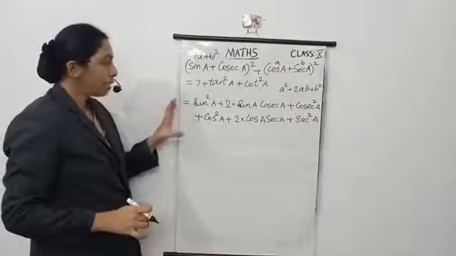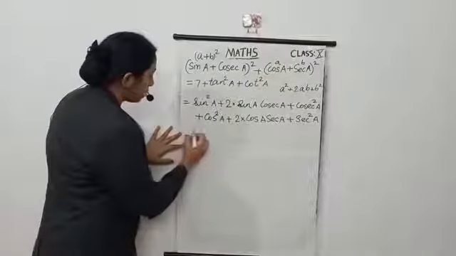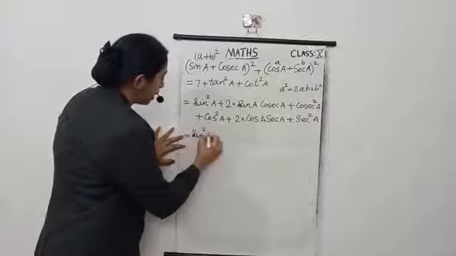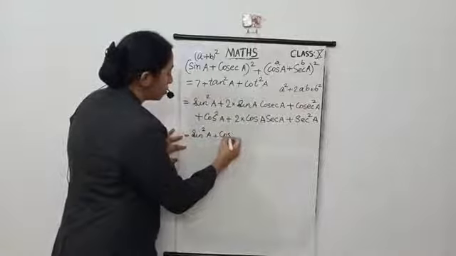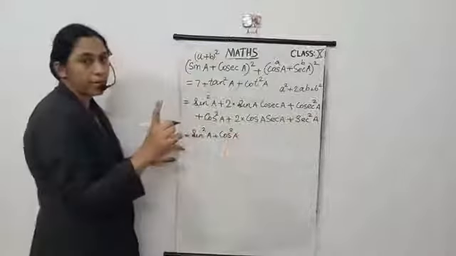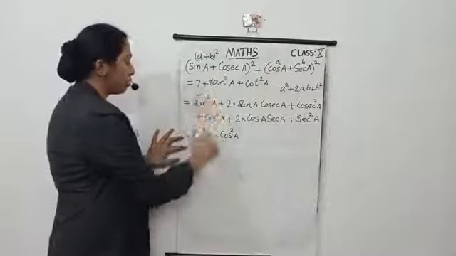Now we can rearrange this. First is sin square A plus cos square A, because we have one identity, cos square A plus sin square A equal to 1, so these two terms we write together.